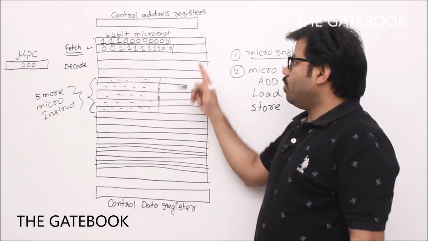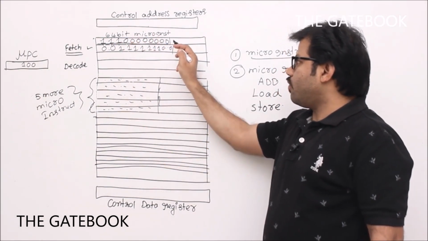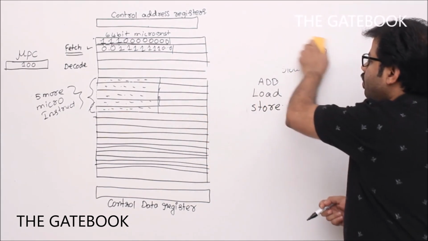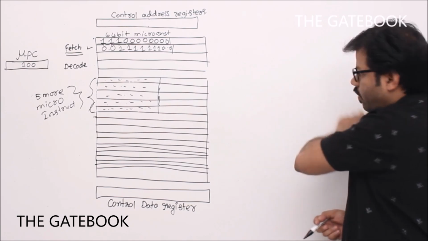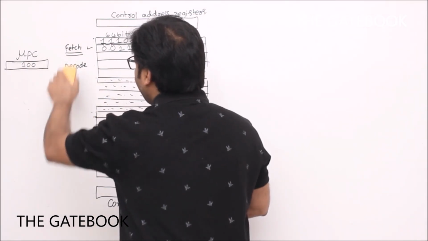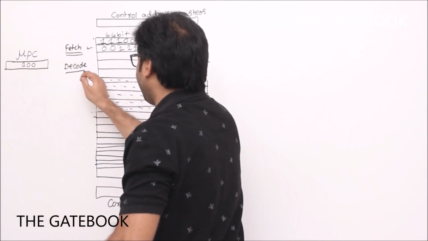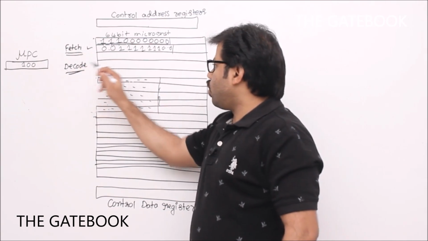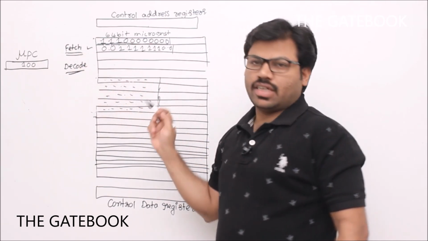That means if you have a micro instruction, is it sufficient or is there anything else? We will see those details. So let me elaborate these details. Finally, fetch routine and decode routine. Let me use the word routine here. So fetch and decode routines are required for every instruction.